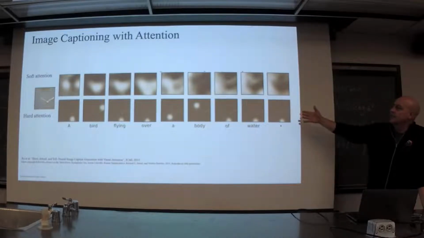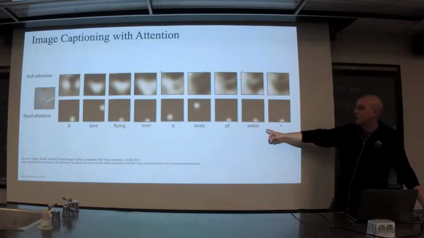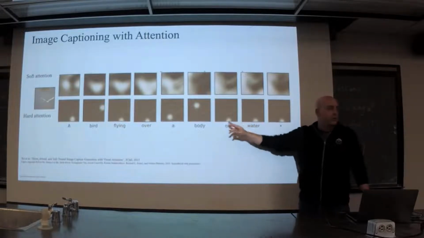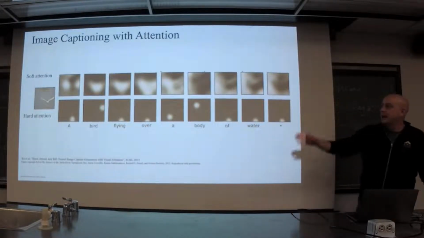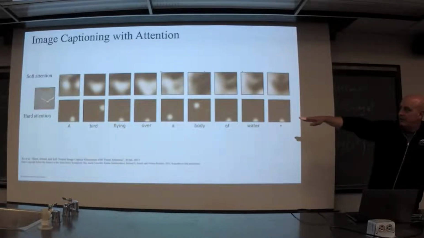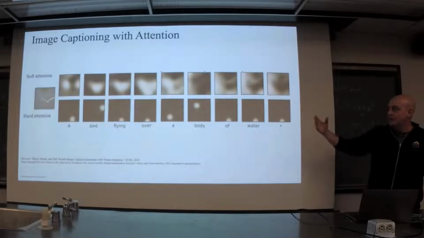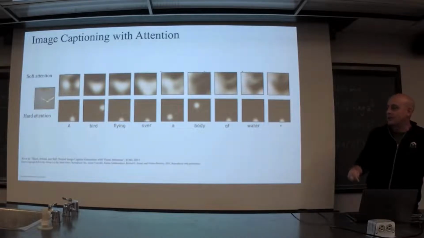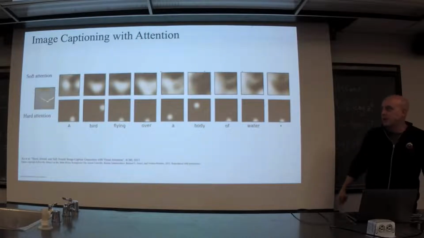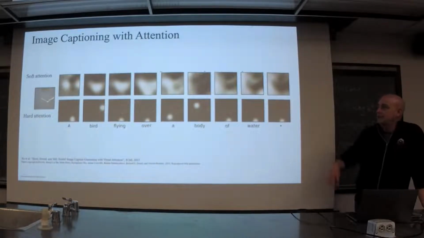The lighter it is, the more those pixels are contributing to the production of the word underneath it in that caption. So you have different versions of this: soft attention, hard attention. We won't get into it. You can see the difference though, that hard attention has a kind of threshold, whereas soft attention is more like a smooth gradient from low to high attention.